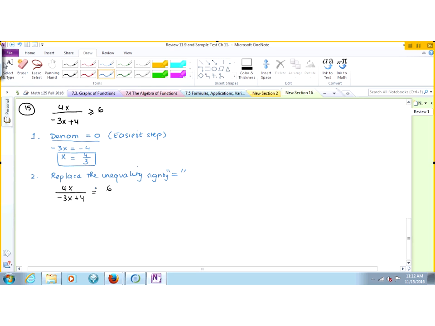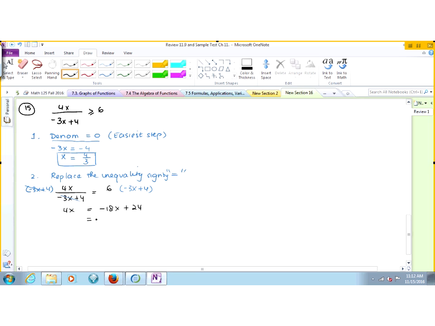Okay. So now, how are we going to solve it? Multiply both sides by negative 3x plus 4. These cancel. So 4x is negative 18x plus 24.